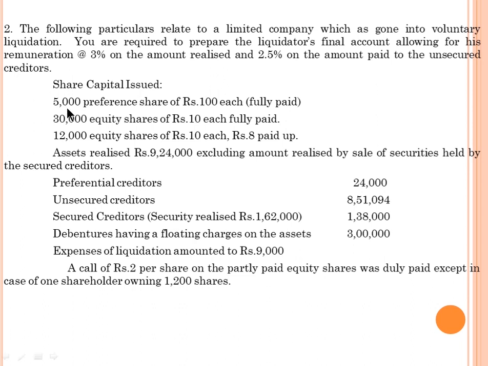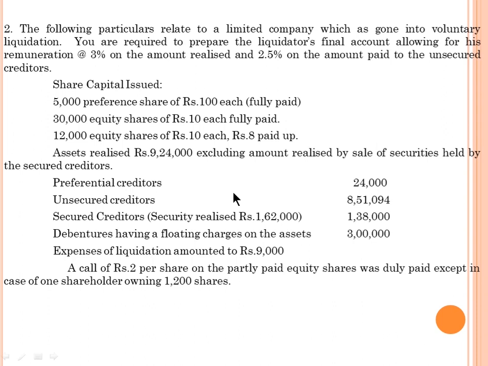So here there are three types of shares: preference shares and two types of equity shares, 10 each fully paid and 10 each 8 paid, 12,000 equity shares. Assets realized 9,24,000 excluding the securities held by the secured creditors.